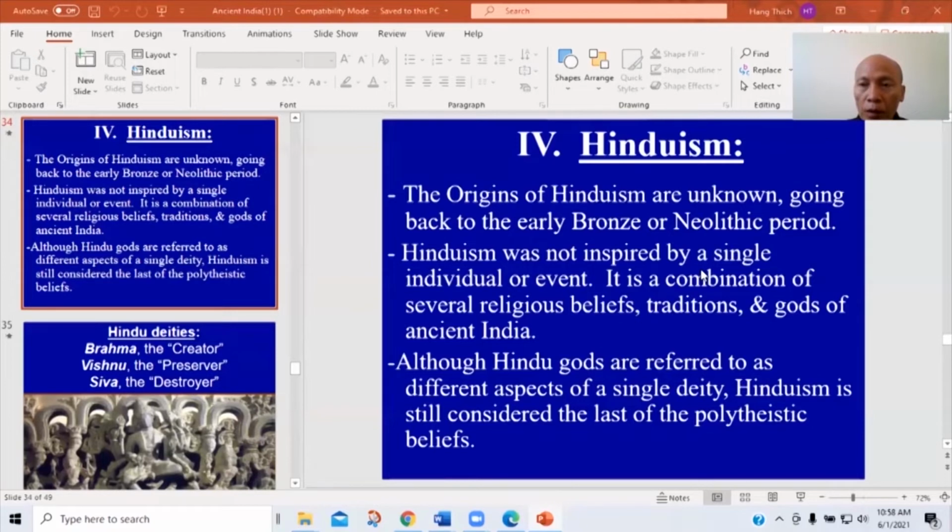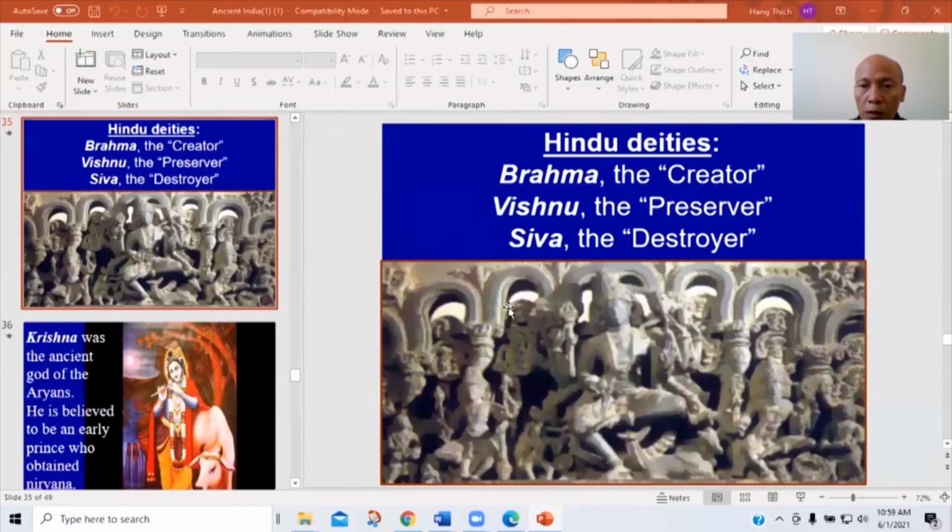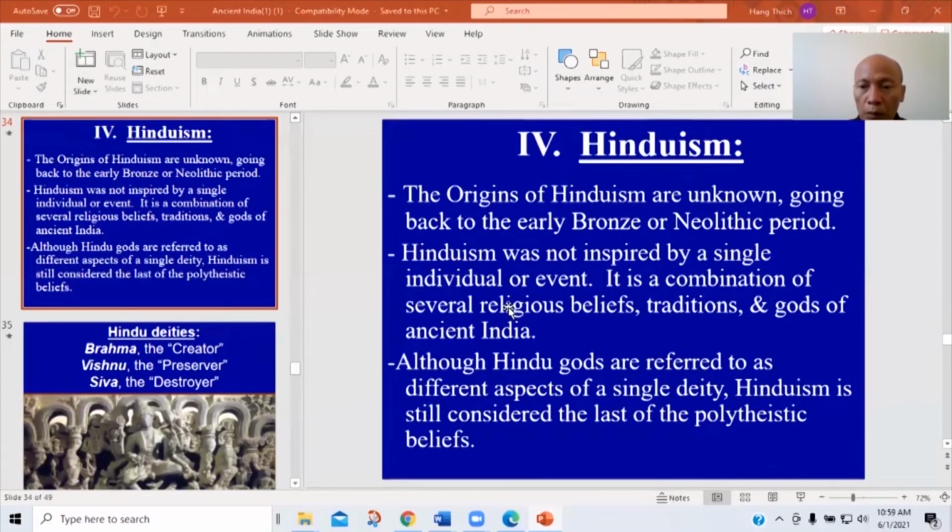Even though there are many types of gods, in Hinduism they still consider Brahman the supreme God, and of course it's considered a polytheistic belief, but they still consider the most supreme God as Brahman.